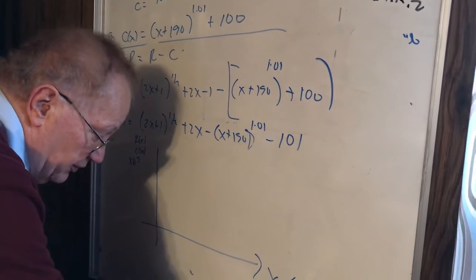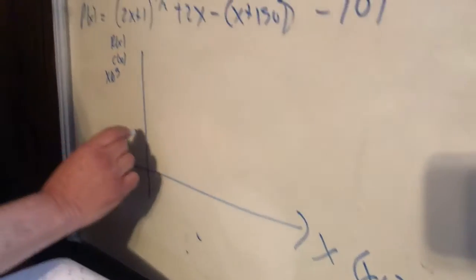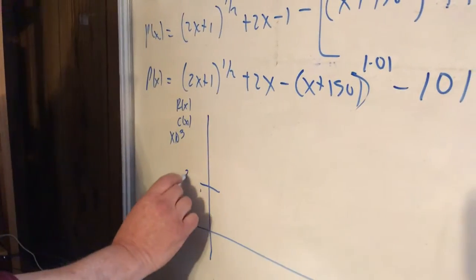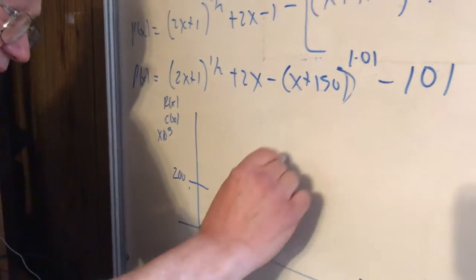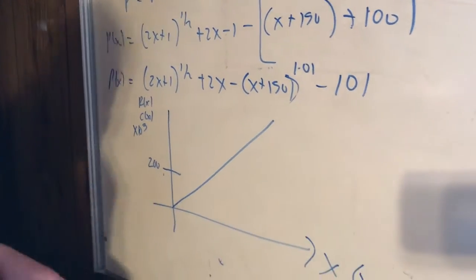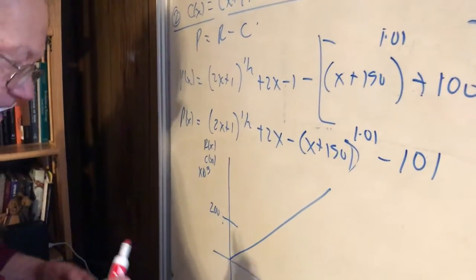This is times 10 to the third. And I'm going to put the 200 here. There's going to be one graph like this, and the other graph's going to be like this.